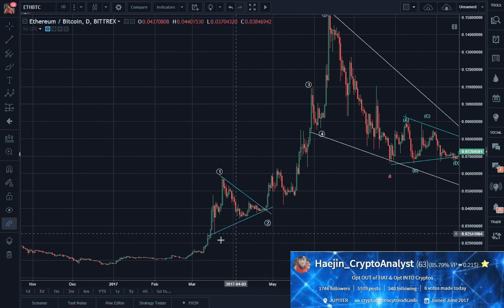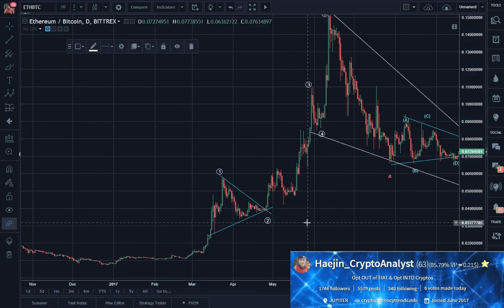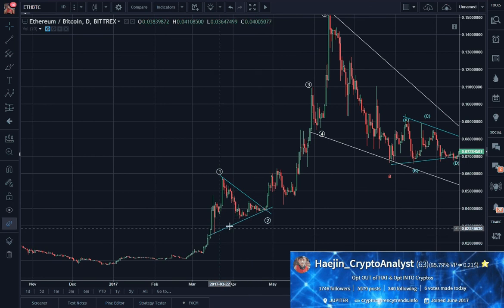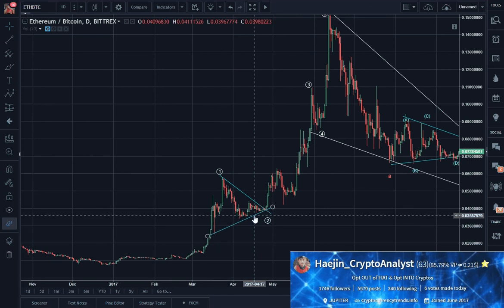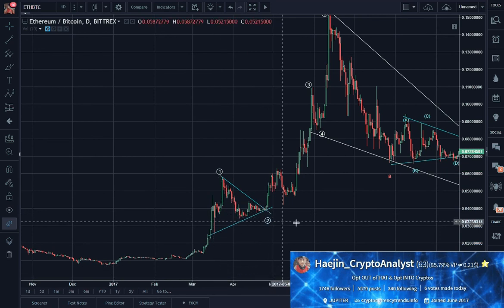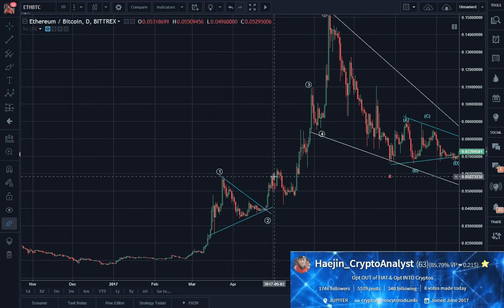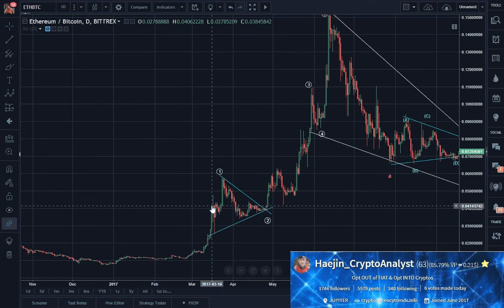So if Elliott waves tells me that this is a 2, and by looking at the triangle only I don't know whether it's going to go up or down, Elliott waves tells me the probability is more on the upside. Because this is wave 1, that's the 5 waves here.